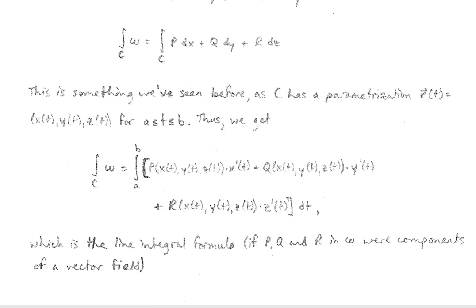If P, Q, and R were components of a vector field, then this would be talking about the line integral of a vector field along a curve. But we know from solving these problems that when we evaluate this integral, we always come up with some real number.